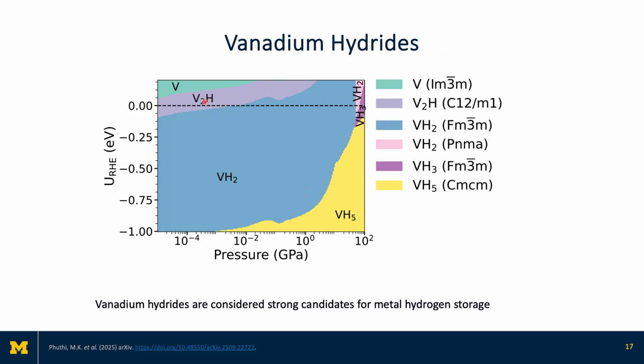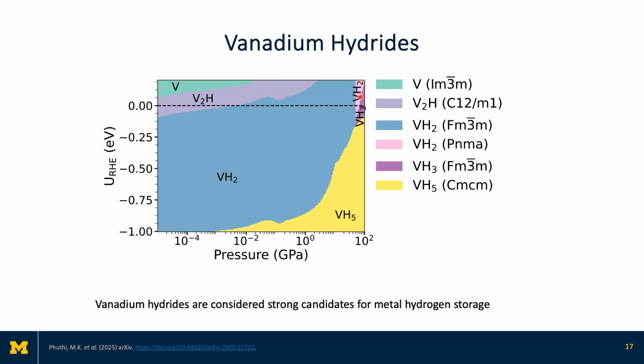Although this V2H phase, which we predict to be stable and is experimentally verified, is really stable, so it's very hard to get the hydrogen out of this V2H phase. But the VH2 phases that you see readily exchange hydrogen with the environment, and that's one of the critical criteria that you need to make a hydrogen storage material.